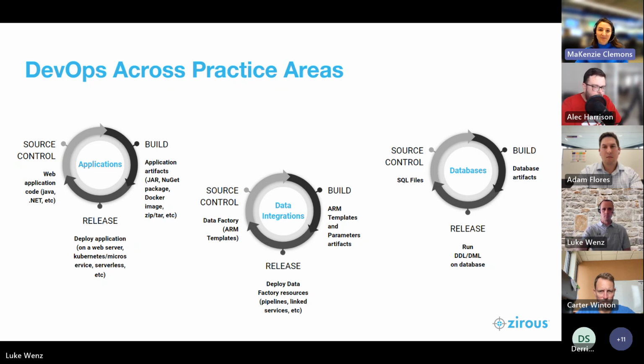In the middle circle, we have data integrations. So what does DevOps and what do these foundational needs look like for data integrations? For source control, maybe we have Data Factory integrated with Git, and so we have those ARM templates versioned. Then as we move into foundational need 2, a build pipeline, that is where we are taking those ARM templates and parameters and building them into artifacts.